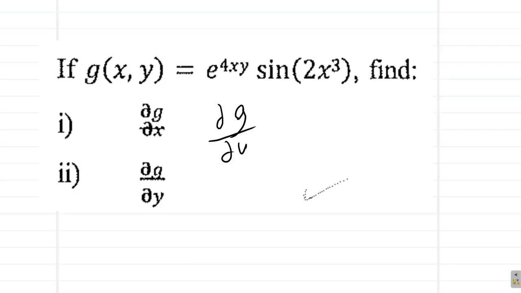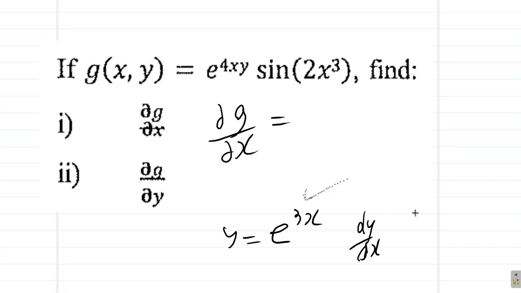by partial x is going to be, now this is e to the something times x. Remember, suppose you had y equals e to the 3x and you're finding dy by dx, use the chain rule.